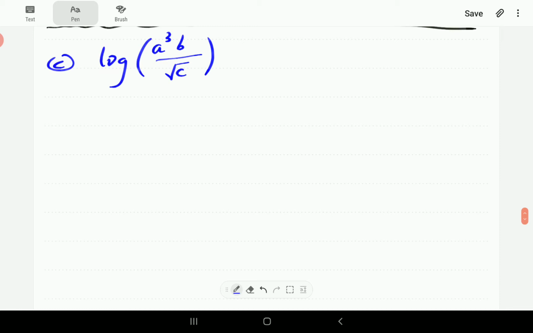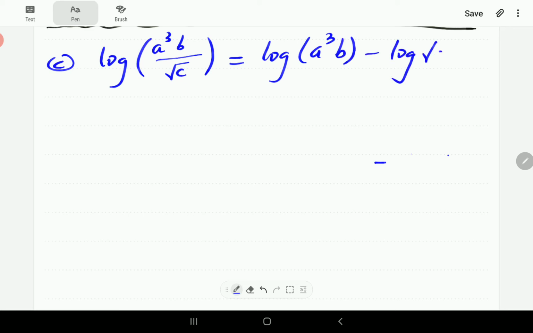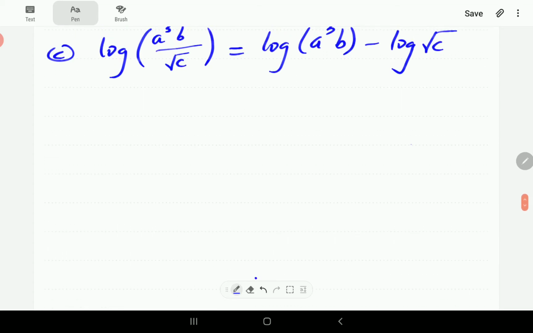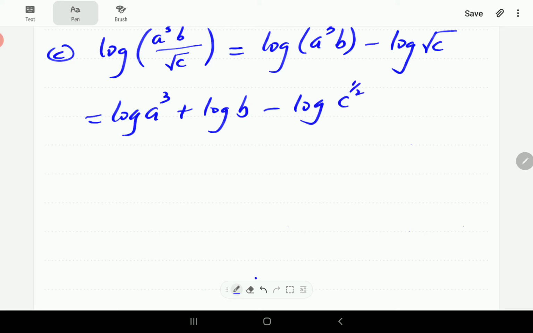All right, so for C, we're going to start with the property of the log of a quotient. Here the numerator is a cubed b, then minus the denominator, square root c. For the first one, we can now use the first property, which is the log of a product. So it's going to be log a cubed plus log b. Square root c is the same as c to the power 1/2.